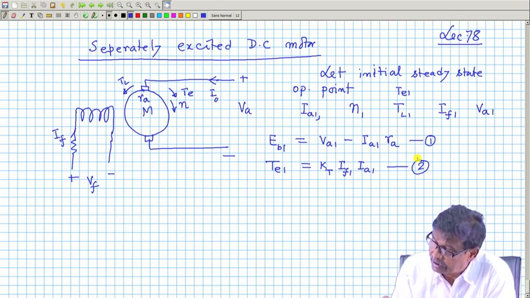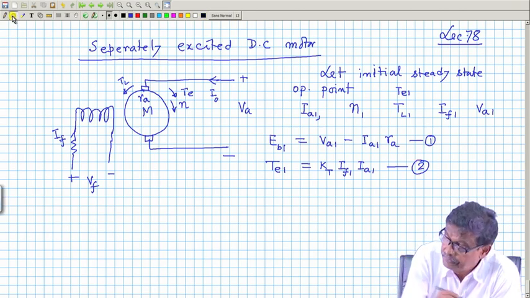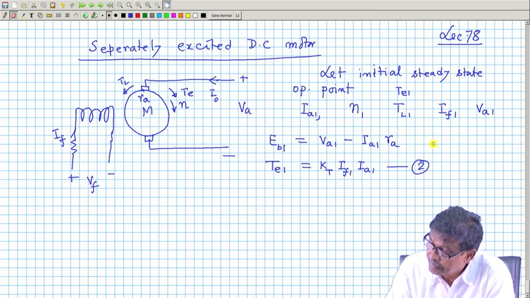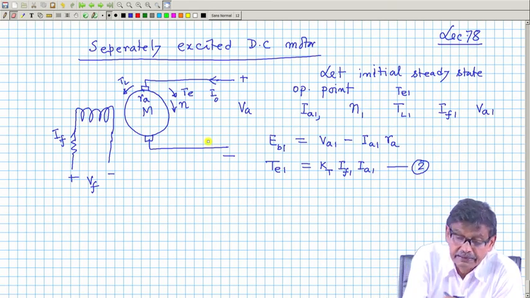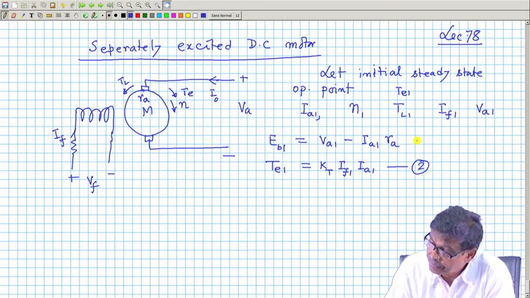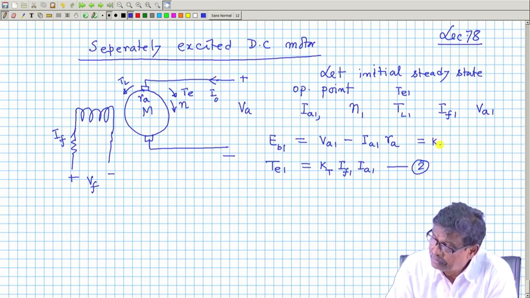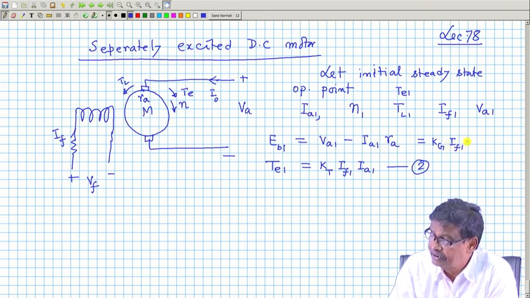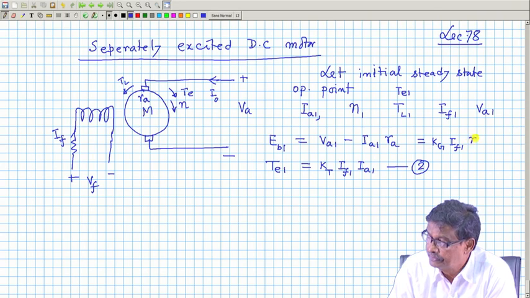Also note that this EB1 is equal to the constant Kg into IF1, that is K phi, into N1.